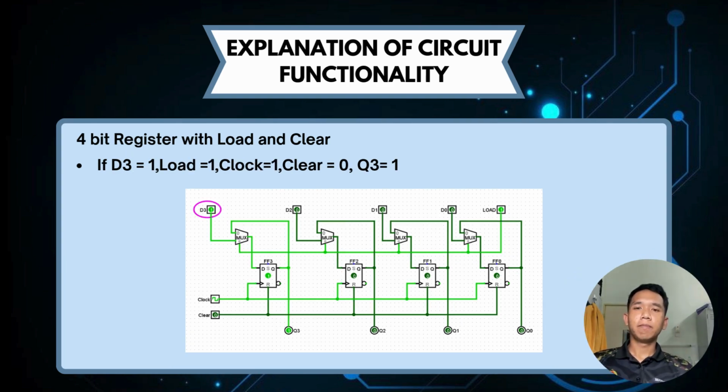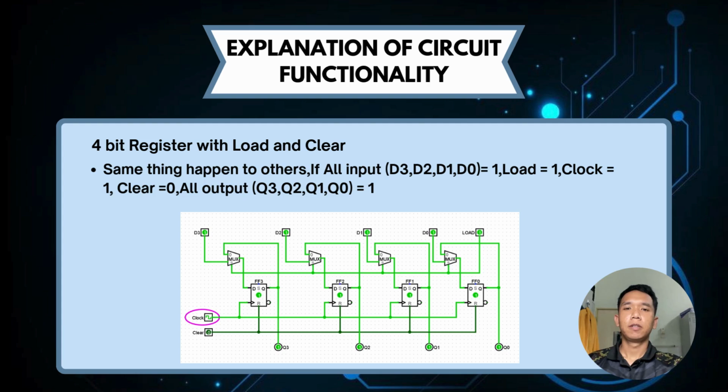Okay, for the second picture, if D3 equals 1, load equals 1, clock equals 1, clear equals 0, Q3 equals 1. As a result, Q3 becomes 1 while Q2, Q1 and Q0 remain 0.